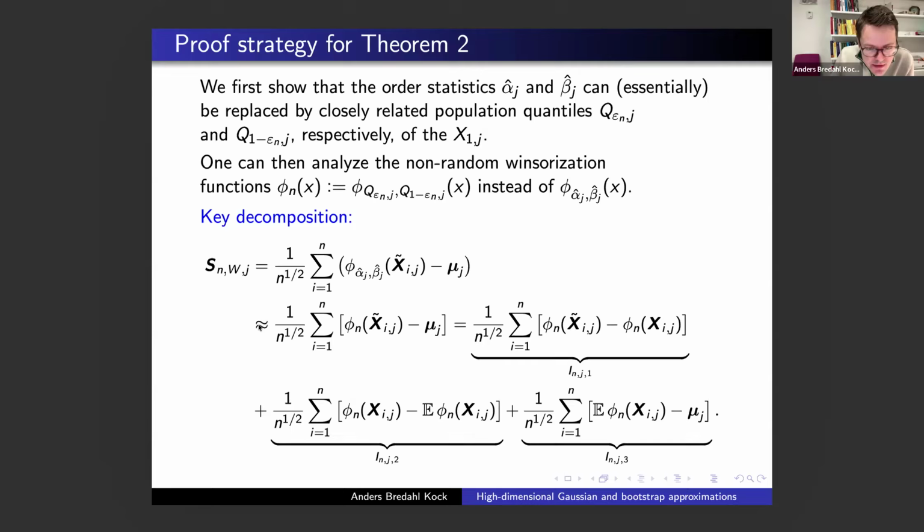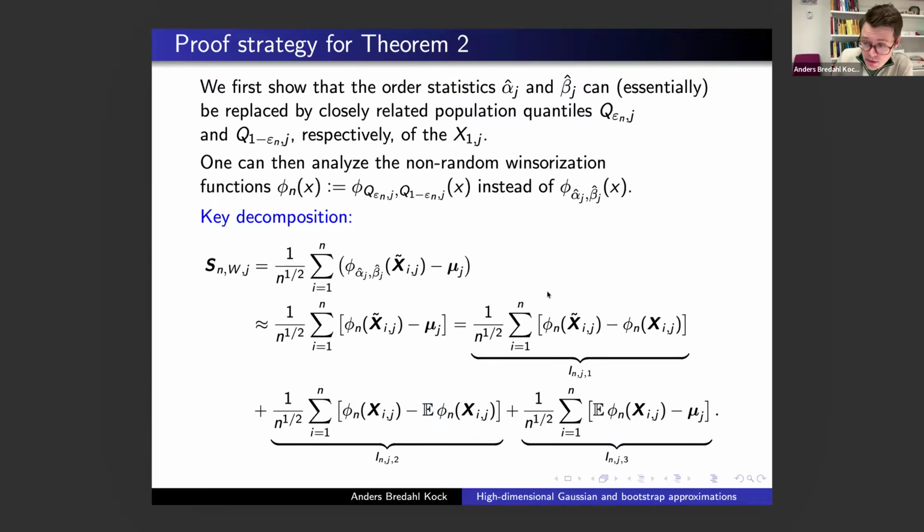So that's why I have this squiggly equality here. It's an approximation. Once I have this, what I do is to subtract phi n evaluated at the uncontaminated data. I subtract the mean of phi n evaluated at the uncontaminated data, and I add it back in here.